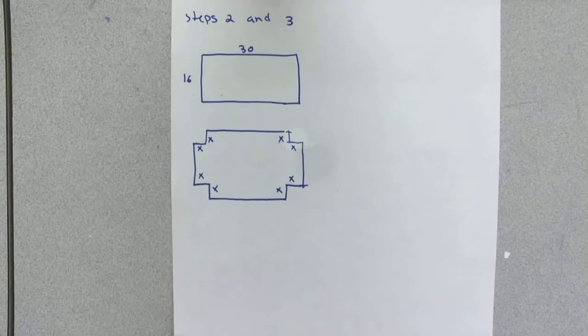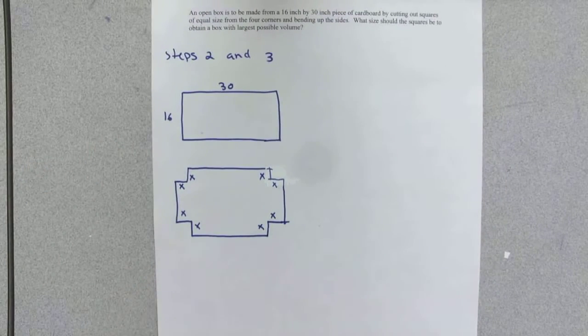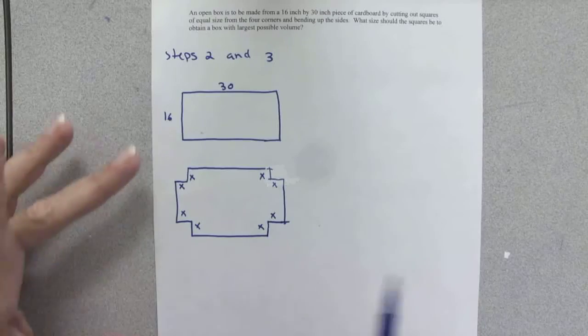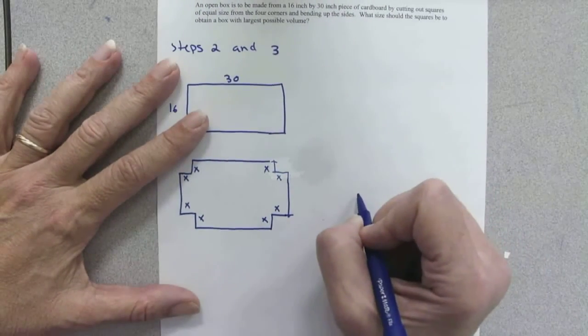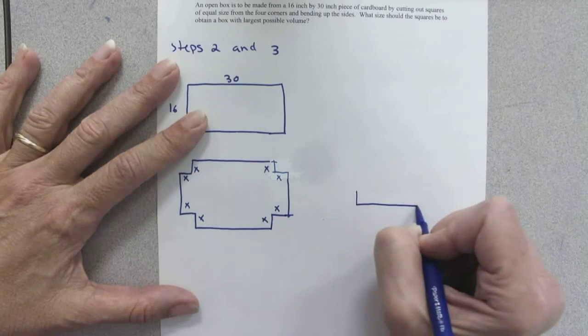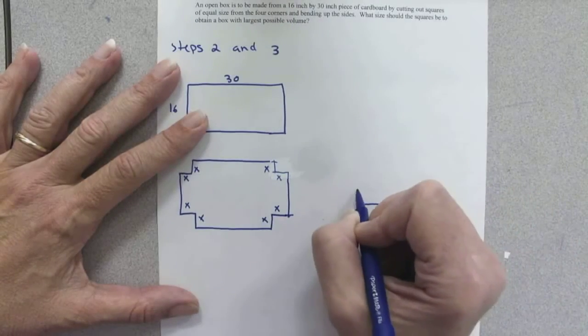And so I have to decide, because in the end it says, what size should the squares be to get the largest possible volume? Well, the volume of a box is length times width times height. And so we will get to that in a moment. Then I'm going to fold up my squares, and I think I'll do that up here. Then I'm going to fold it up to make my box.